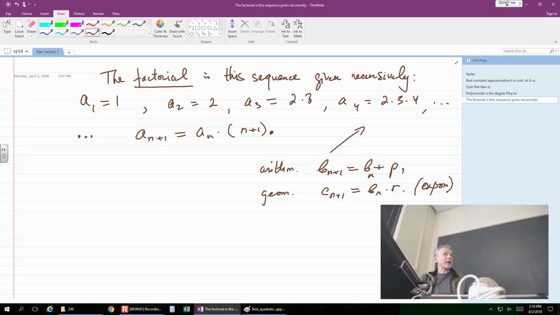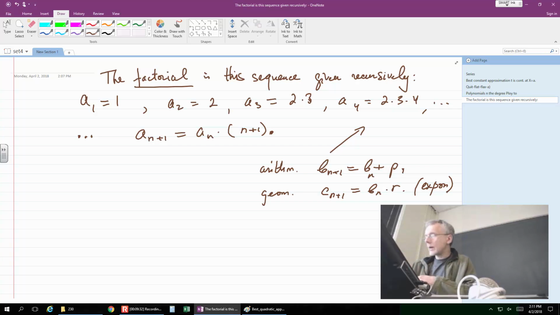But factorial grows faster because you multiply by a larger and larger number each time. Eventually it will overcome the geometric progression as well. Hardly can have anything faster than that.